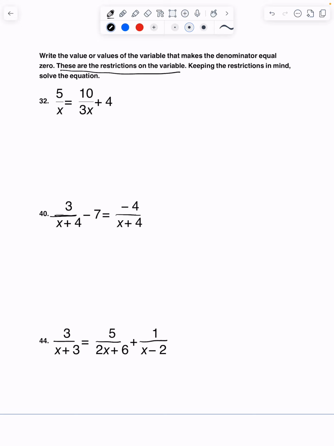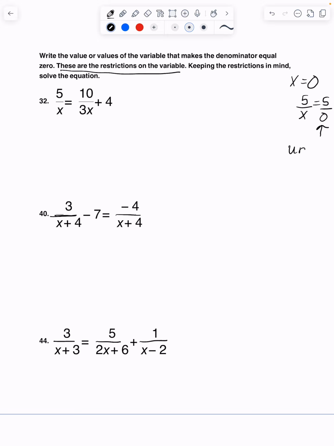So basically what you're going to do is look at your denominators. They have variables in there. What would make the denominator 0 in the first part of number 32 is if x was 0. Because if I substituted 0 in for the x in 5x, 0 would be in the denominator of a fraction.